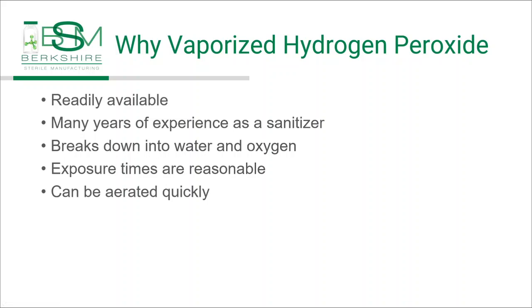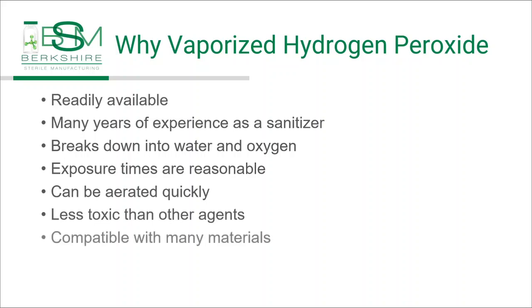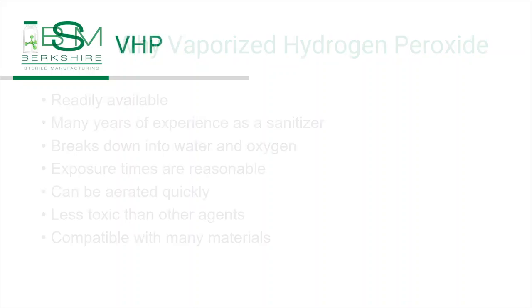Exposure times can range generally from 10 to 50 minutes, depending upon the size of the chamber and the materials in it to be sanitized. Aeration can be anywhere from just a few minutes to a couple of hours, again, depending upon the complexity of the system. Hydrogen peroxide is less toxic than many of the other agents, and it's also compatible with many materials.